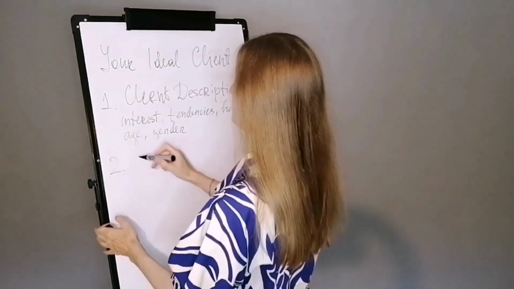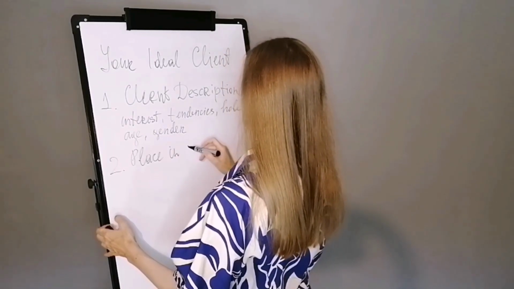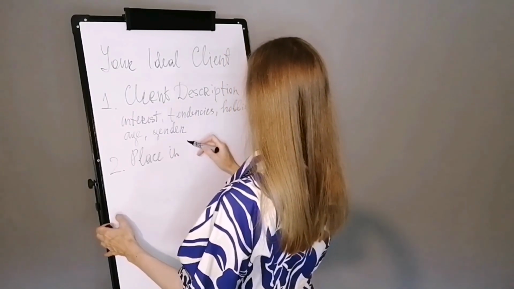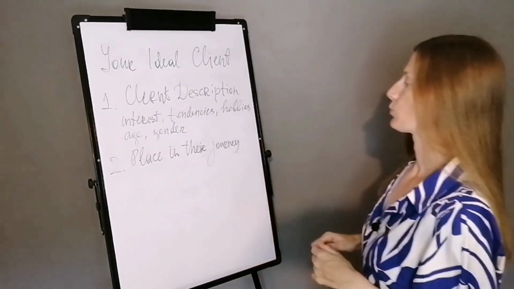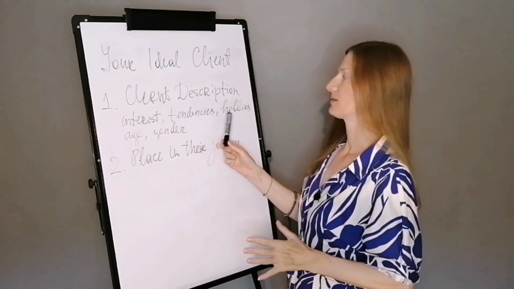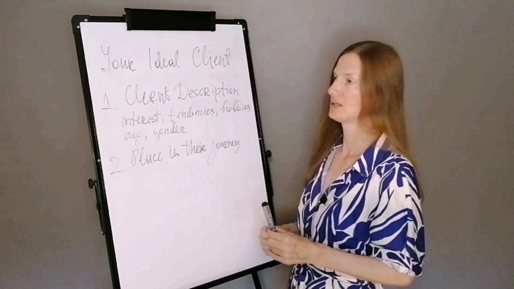Second is the place in your client's journey. So you have the description of your client, but what is also very important is the place in the journey.